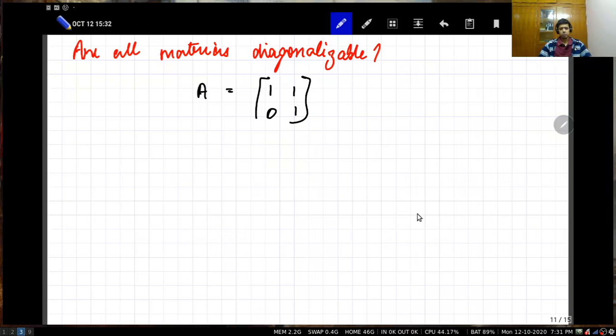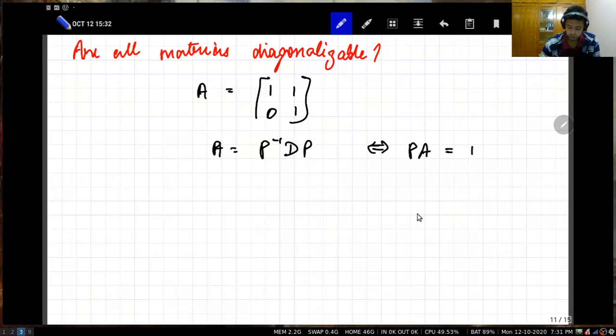I want you to pause this video and try to work out for yourself how you prove that A is not diagonalizable. All right. To show that A is not diagonalizable, we have to show that this set of equations, that is A equal to P inverse DP, or PA equal to DP, is not solvable.